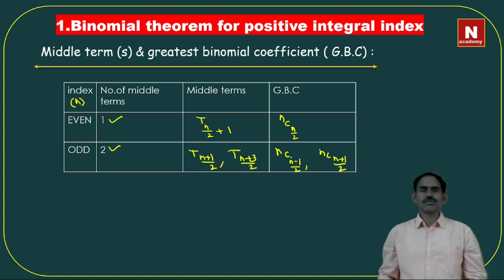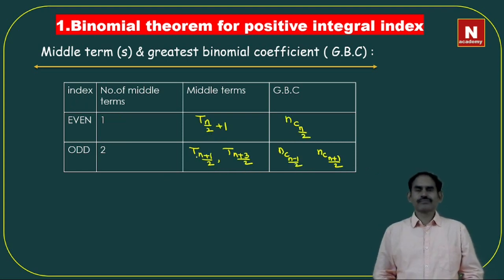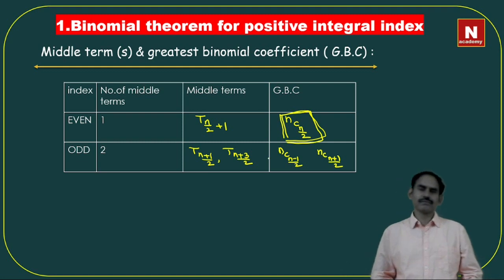These are the formulas for the even and odd cases. Here you have to find out why the greatest binomial coefficient is nC n by 2.